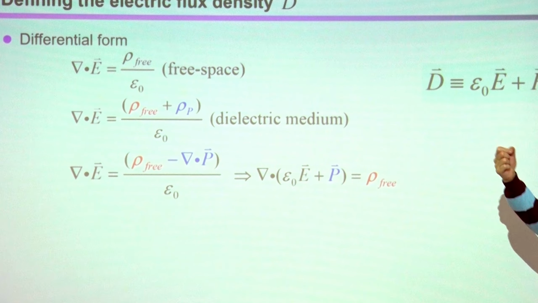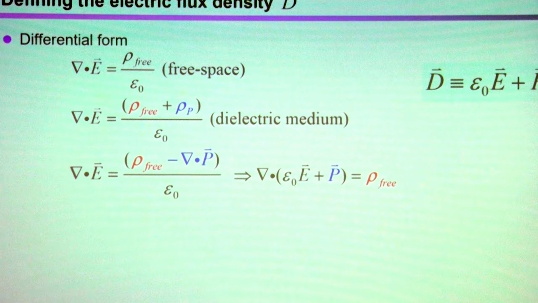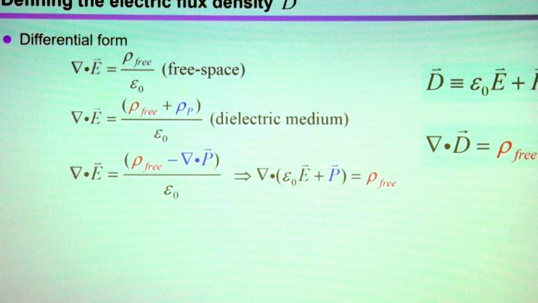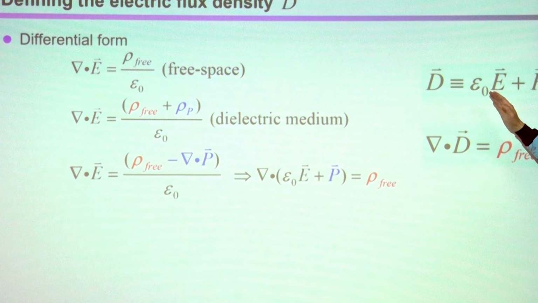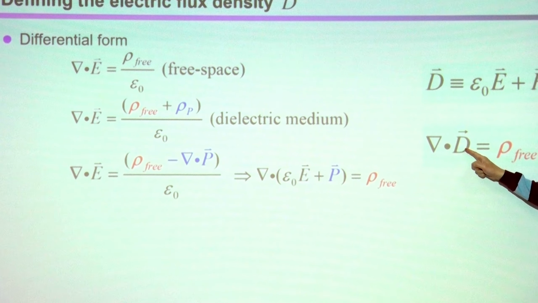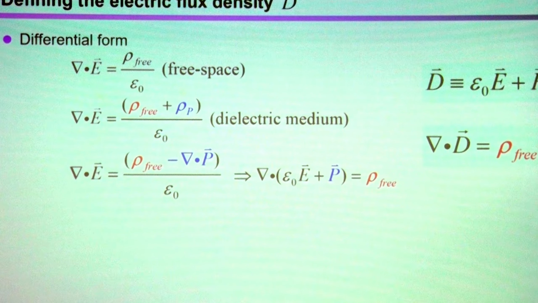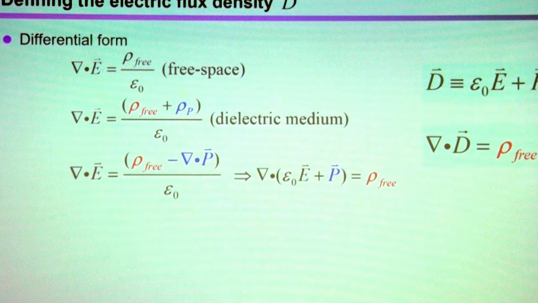So you don't have to write so many things. Okay? Now, by this definition, divergence of D, this D is called the flux density. The electric flux density is a vector. It's equal to rho free.